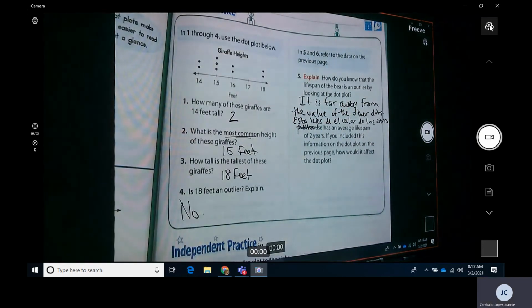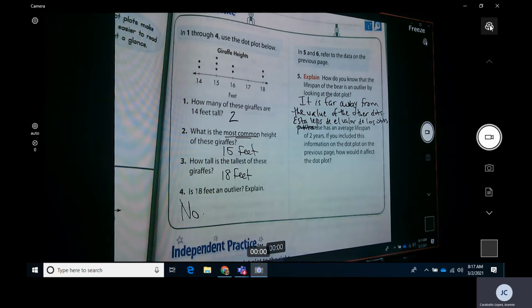Quickly. And then the last one says, a mouse has an average lifespan of 2 years. If you included this information on the dot plot on the previous page, how would it affect the dot plot? Si un ratón tiene un tiempo de vida de 2 años y lo fuerzas a incluir en la información del diagrama de puntos en la página previa, ¿cómo afectaría la página previa?